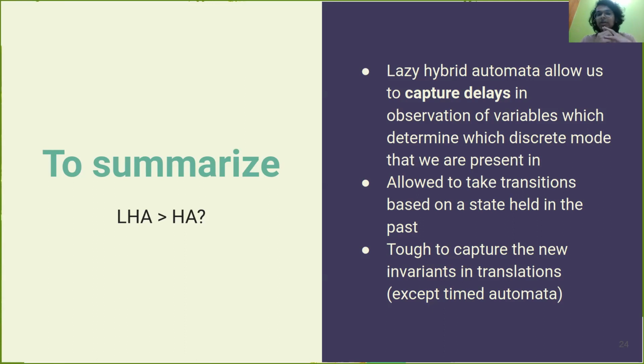And these lazy hybrid automata allow us to take a transition between these locations based on state held by the variables at some point in the past, which captures the delays in the observation of these variables.